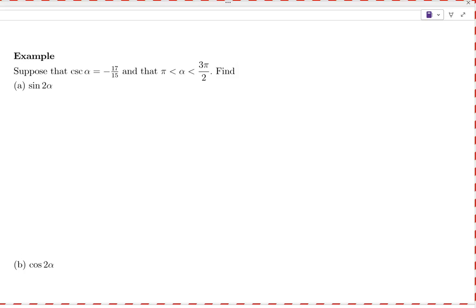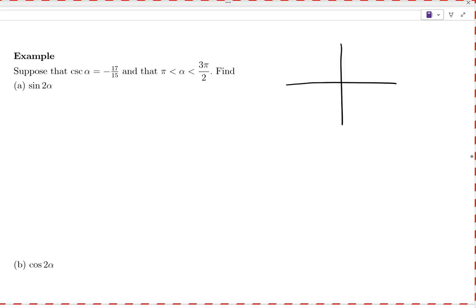We just did ones like this with the sum and difference, didn't we? So the first thing we probably want to do, ignoring what it's asking us to compute, what do you think we want to do first with this information? Yeah, let's make a triangle, right? Make a reference triangle for us so that we can read the trig values off.